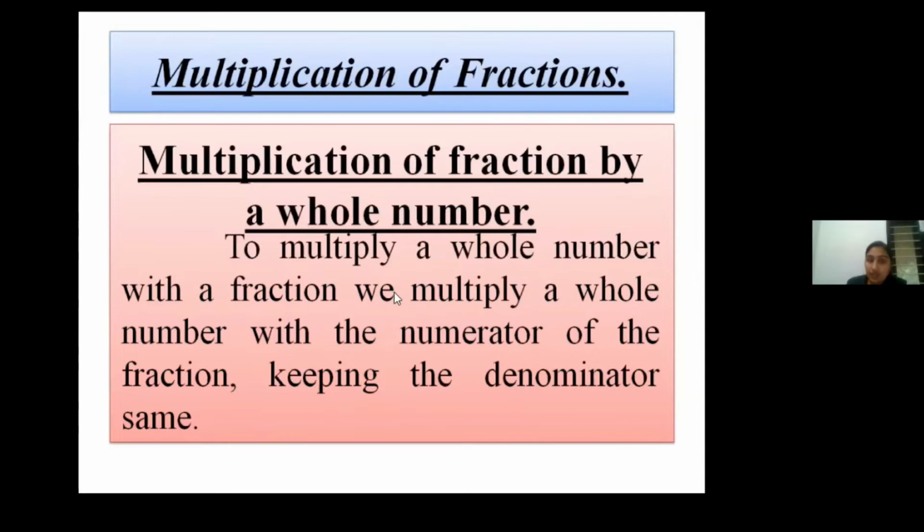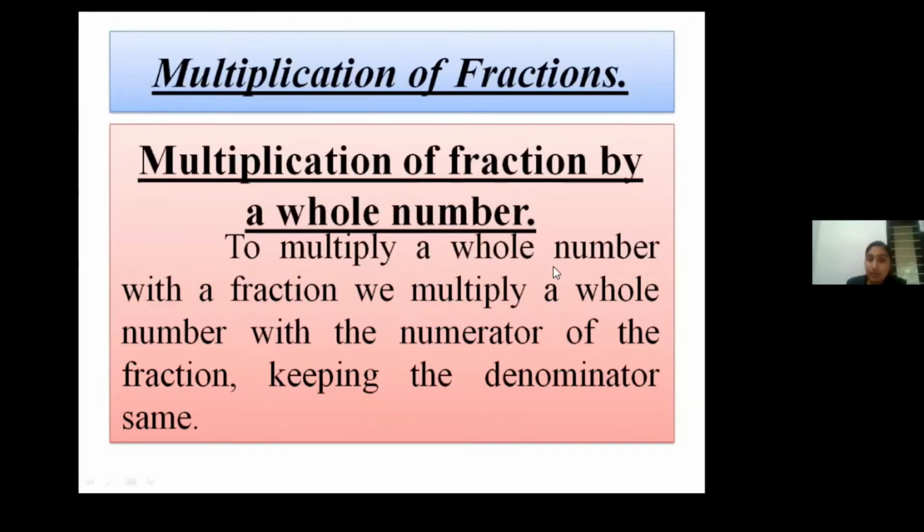A fraction has a numerator and also a denominator. So you have to multiply the whole number with the numerator of the given fraction and rewrite the denominator as the same.